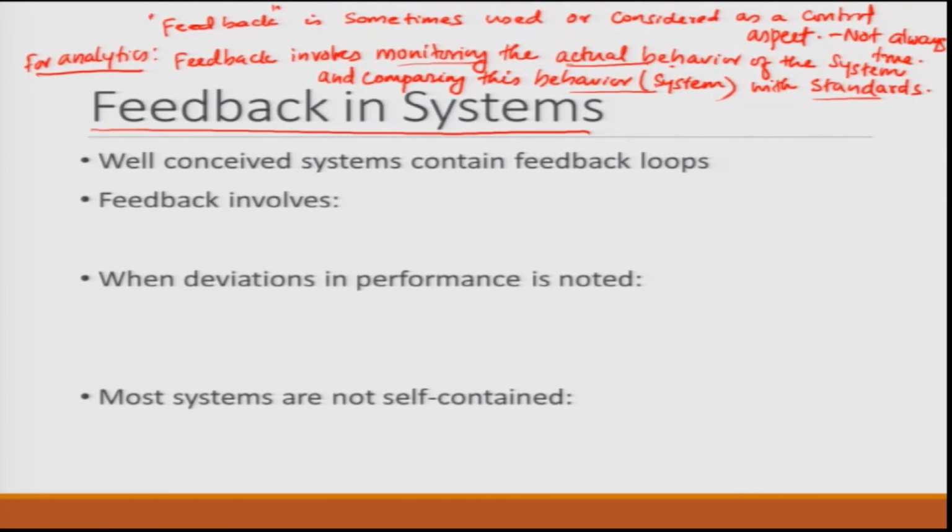So, all well conceived systems will contain feedback loops. It allows for monitoring and comparing, or you can also call it standardizing the system. Monitoring and comparing of systems is done very well using feedback loops. It can be used for control, but there is no rule that it should be used for control.